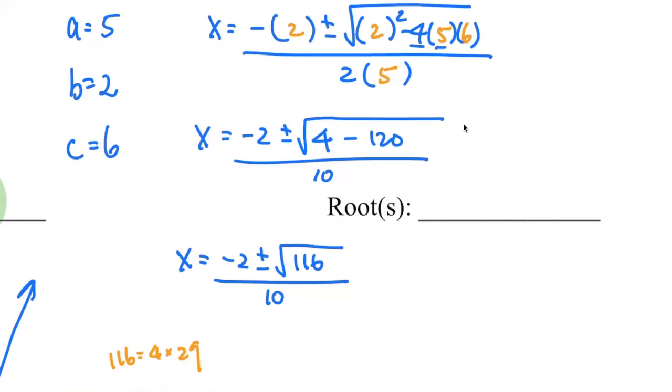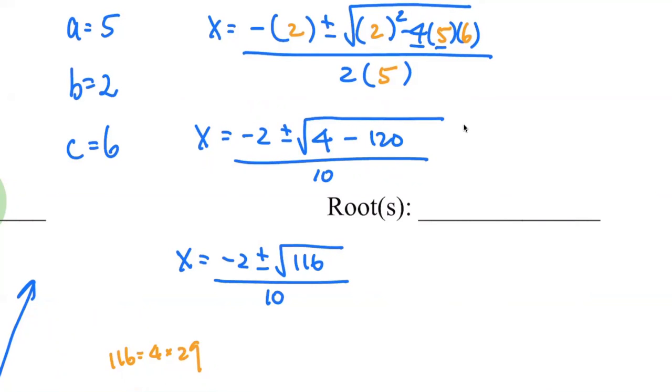Okay, so now if you're wondering how do I know it's 29 so quickly, take a look at this. It's 116, right? It's 4 units away from 120. 4 times 30, it's 120, right? So if it's 4 units away from 120, it has to be 4 times 29. That's how you can get numbers fast without actually doing the division.